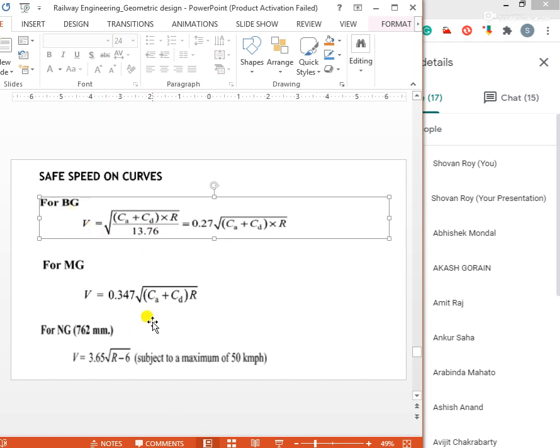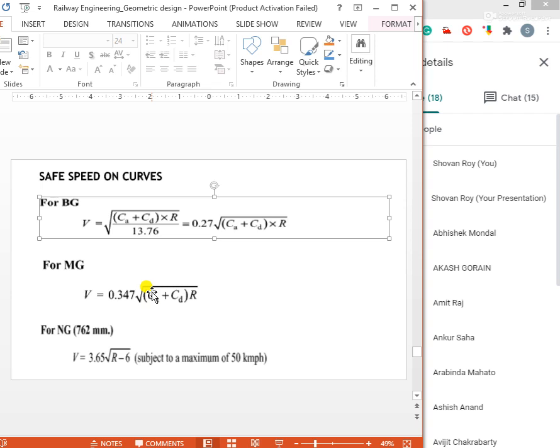In this railway engineering, as numericals, there are lots of design problems. So for design calculation, first we have to calculate the super elevation value for my track, or what should be the super elevation value on the curve section.